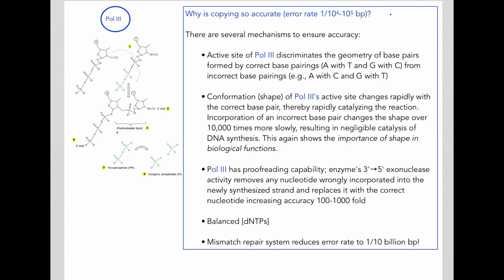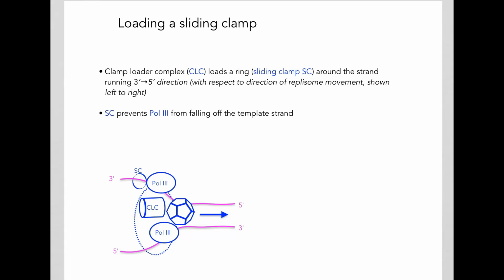And all of this is very important. The accuracy is very important because this is our permanent genetic information. So when we copy this information into the new cell, we want the new cell to have the same information as the previous cell. Okay, so with this background on DNA polymerase, let's continue the synthesis.